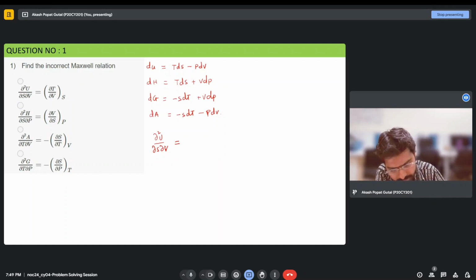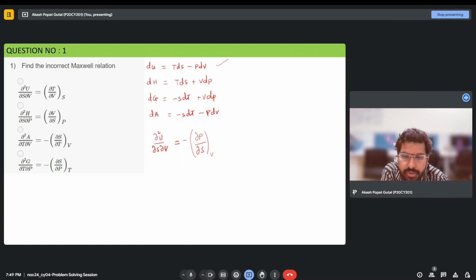So first take this equation. First we need to differentiate with the volume at constant entropy S. If you differentiate it, what you will get is minus P. And next, when you differentiate with the entropy at constant volume, that would be del P by del S, with the negative sign, at constant volume.